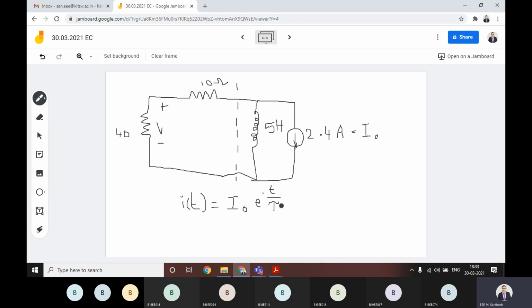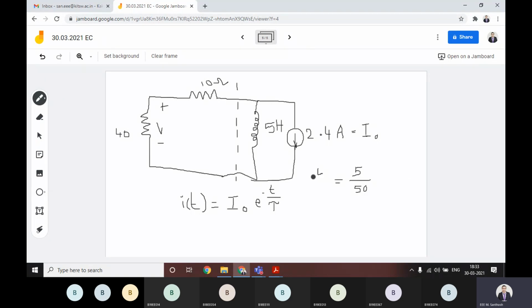What is I naught here? I naught is 2.4 and e to the minus t by tau. Tau value is 5 Henry by 50 ohm. That is 40 and 10 both are connected in series.